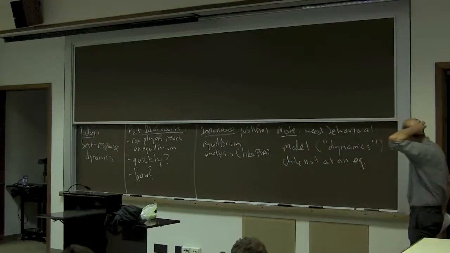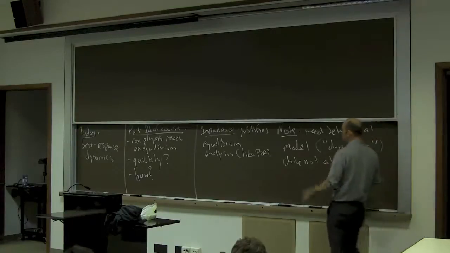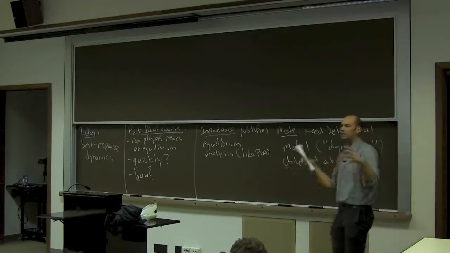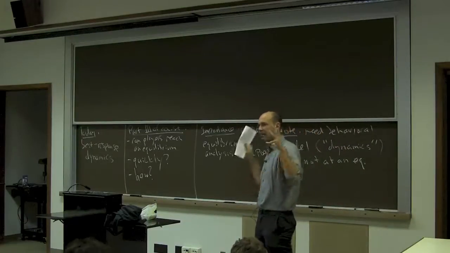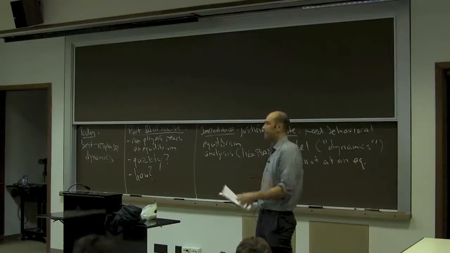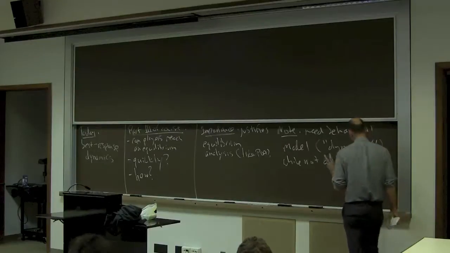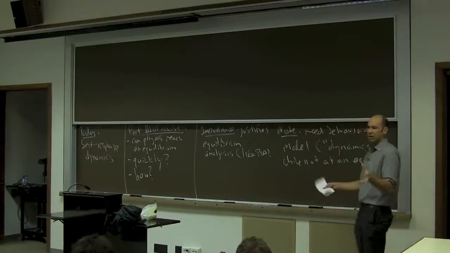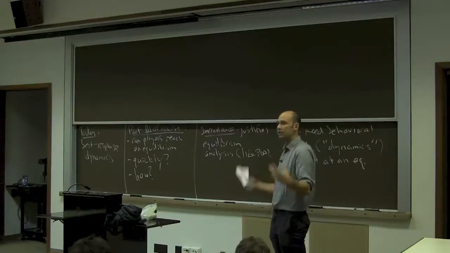To be clear, our goal will not be so ambitious as to posit some model that seems to literally describe how people might actually learn in a game. Any specific model is going to probably seem not fully convincing. So rather, what we're going to strive for is simple and natural models that give us predictions, that tell us about whether we'll have convergence or not, what things will converge to, how quickly, and so on.